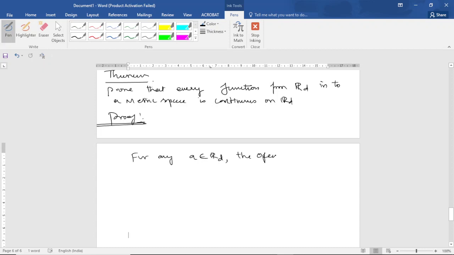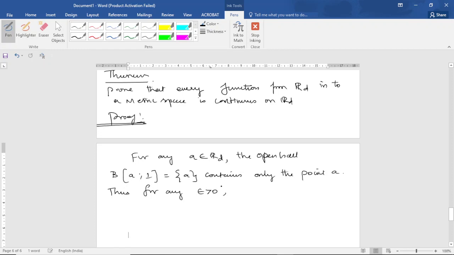The open ball, already we discussed this one, the open ball B of A colon 1 is nothing but only one element, it contains only the center, only the point A. Thus, for any epsilon greater than 0, we are going to use that equivalent statement of the definition of a continuous function.